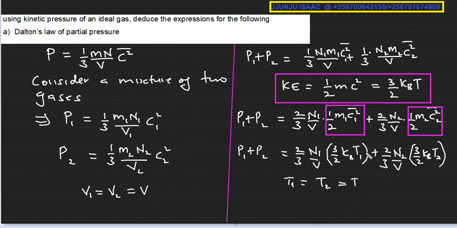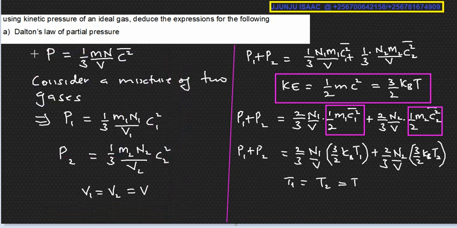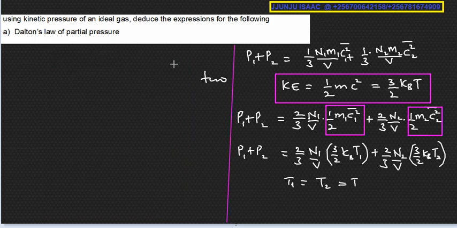So we can as well multiply and factorize this T out. So we are going to have P1 plus P2 equal to, now we shall have 2 over 3.